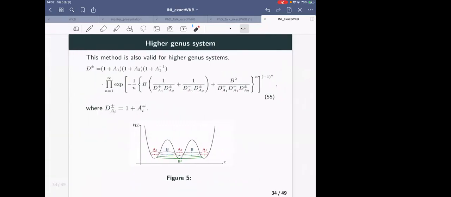And the previous method is also valid for any potential. For example, not only a genus 1 system, but a higher genus system like this potential, then the Fredholm determinant becomes like this. The meaning of this structure is also easily obtained. This is the baryon contribution, and attached to an infinite number of A cycles, it becomes a quasi-modular integral.